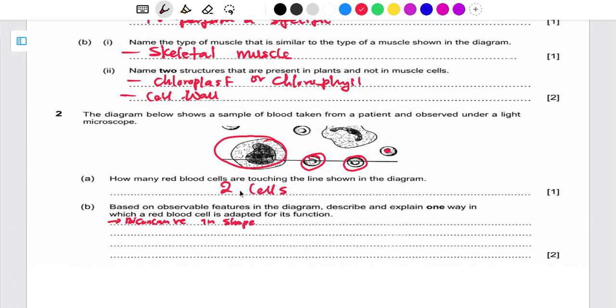So why is it biconcave in shape? That is to create more room for carrying hemoglobin.